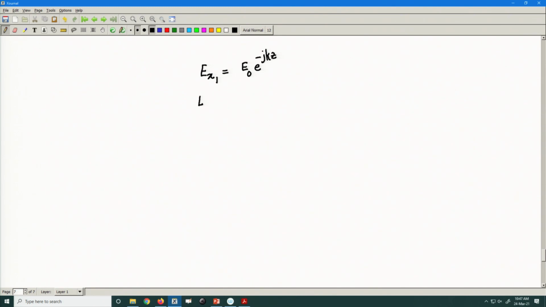The corresponding instantaneous wave E in x 1 is root 2 E naught cos omega t minus k z.